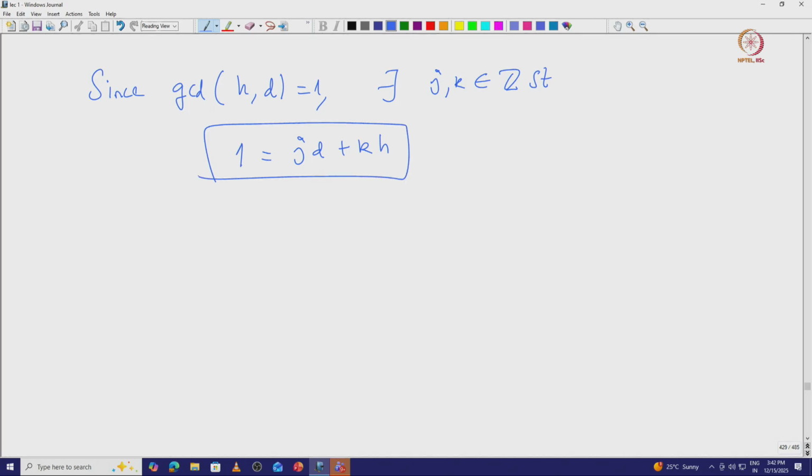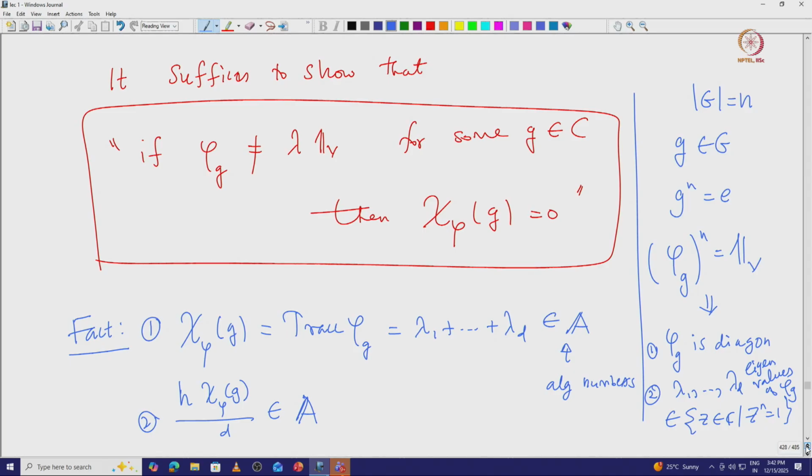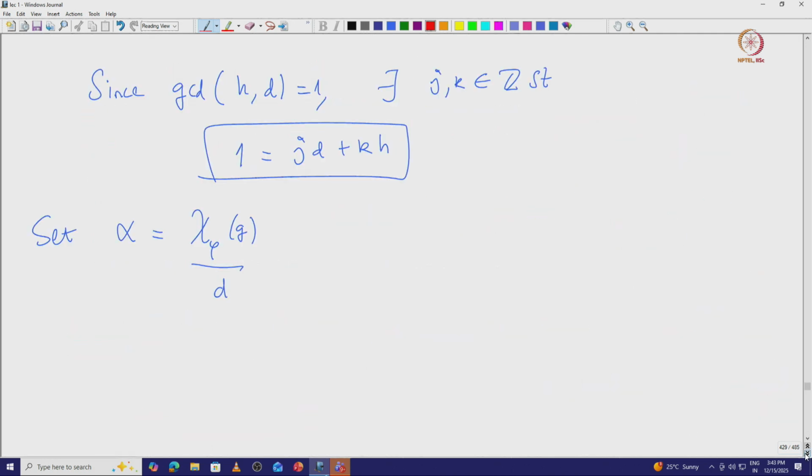Now we set alpha to be chi phi of g divided by d, and we claim that this is also an algebraic integer. We already know that h chi phi of g divided by d is an algebraic integer, but we are going to drop this h and say that chi phi of g divided by d is also an algebraic integer, with the assumption that the GCD between h and d is 1.